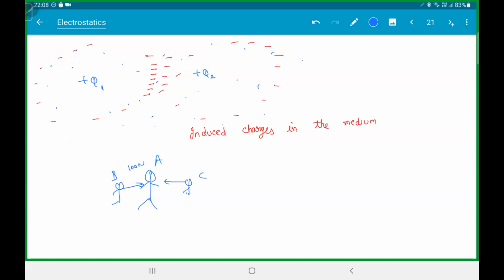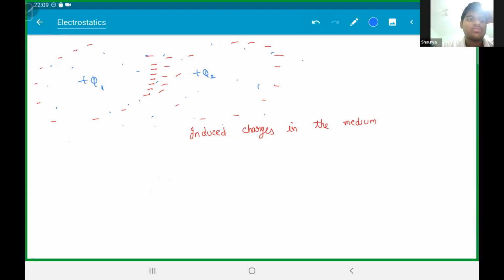If person C is pushing with 20 newtons, with what force is B pushing A? 100, right? I don't care what this guy is doing. But if I ask you what is the net force on A? 80.